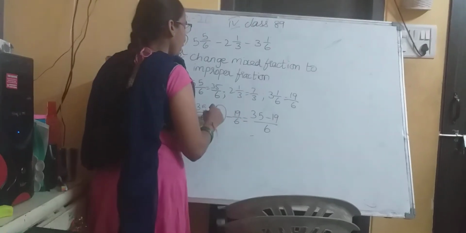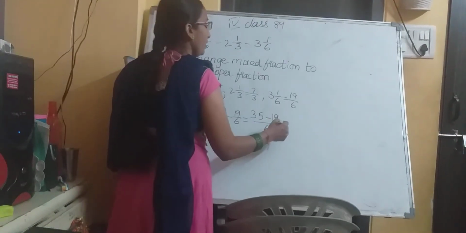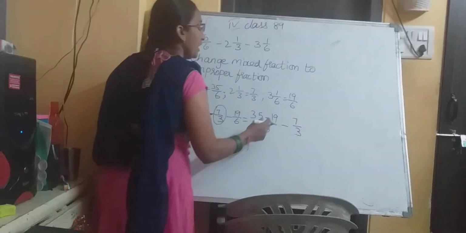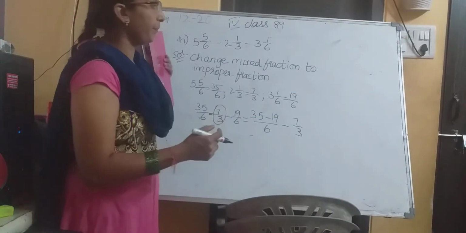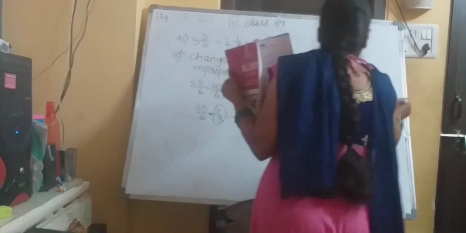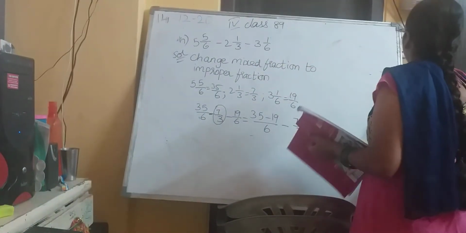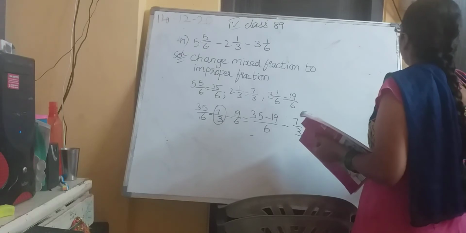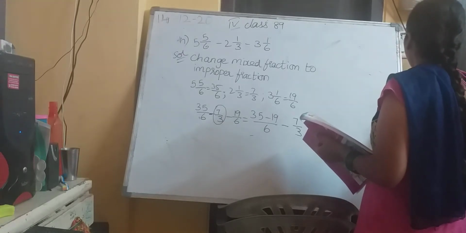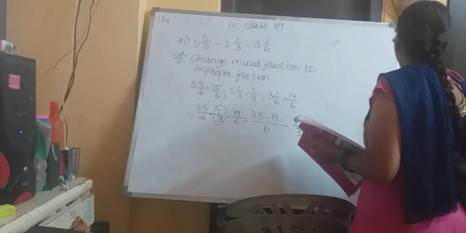This we are going to do afterwards. Afterwards you are going to write this 7 by 3. First 35 minus 19 you do in the working column. 5 minus 9 we can't do, 15 minus 9 is 6. It is 2 minus 1, 1.